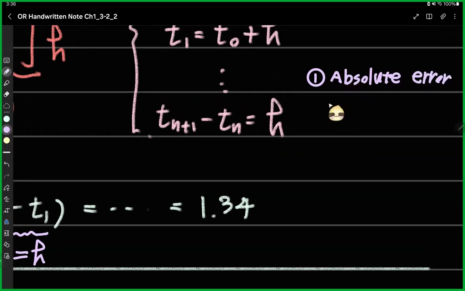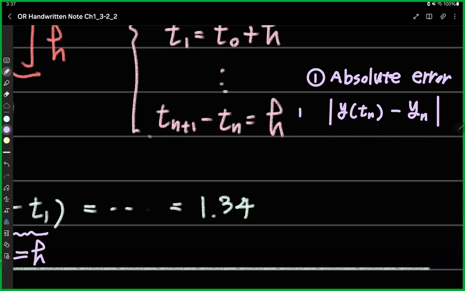The absolute error is just this: find the absolute value of the difference between the exact solution and the approximation. That's the exact solution, and this is the approximation. For this one, they take a maximum.